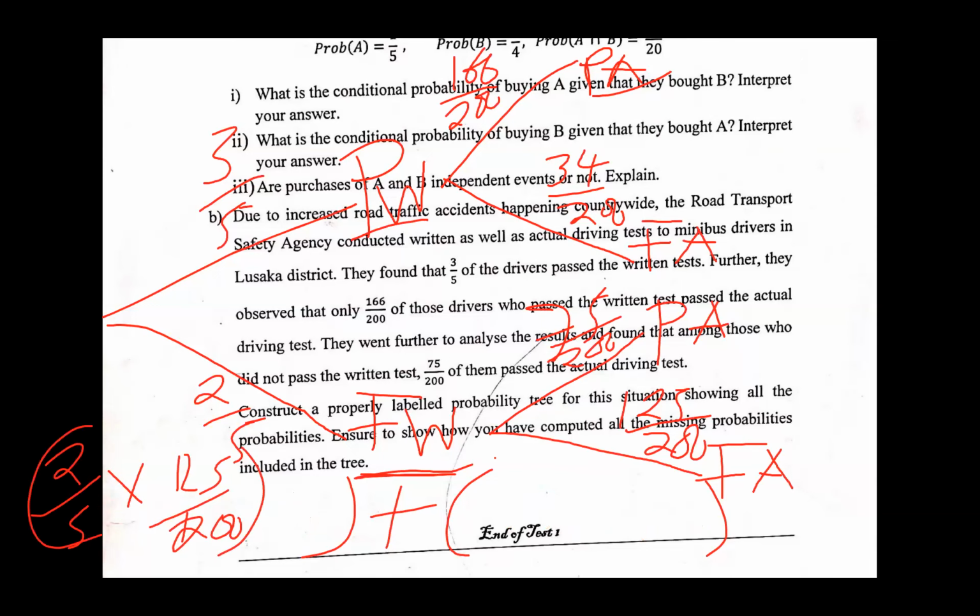So it will be 3 over 5 times 34 over 200. So solve this. Find one value here, find one value on this side, and then add them together. You get it?